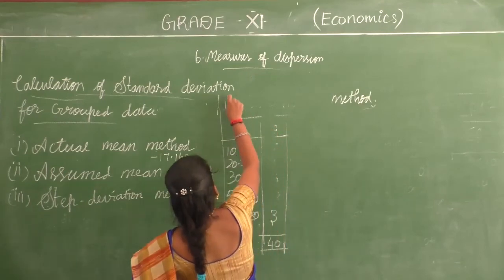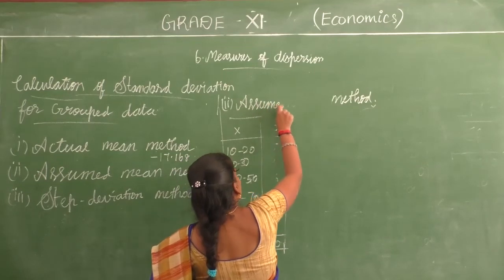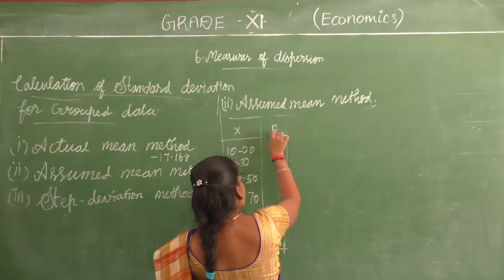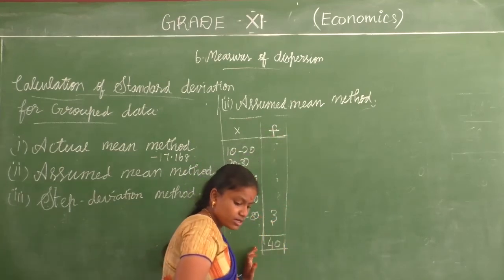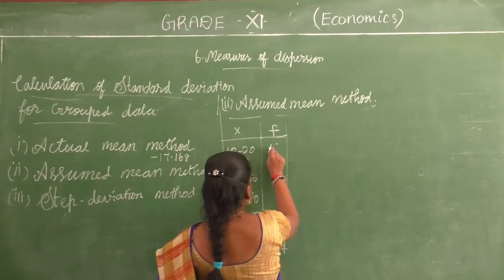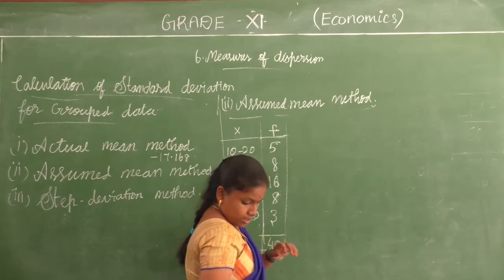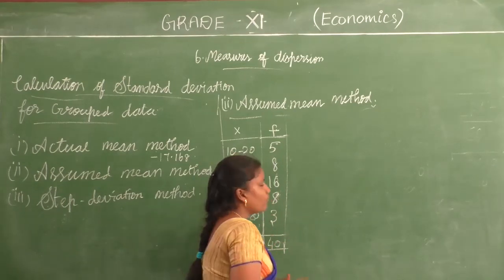Second method, the assumed mean method. So you have your f. What were the values? 5, 8, 16, 8 and 3. Those are your values. Now what do you have to find?